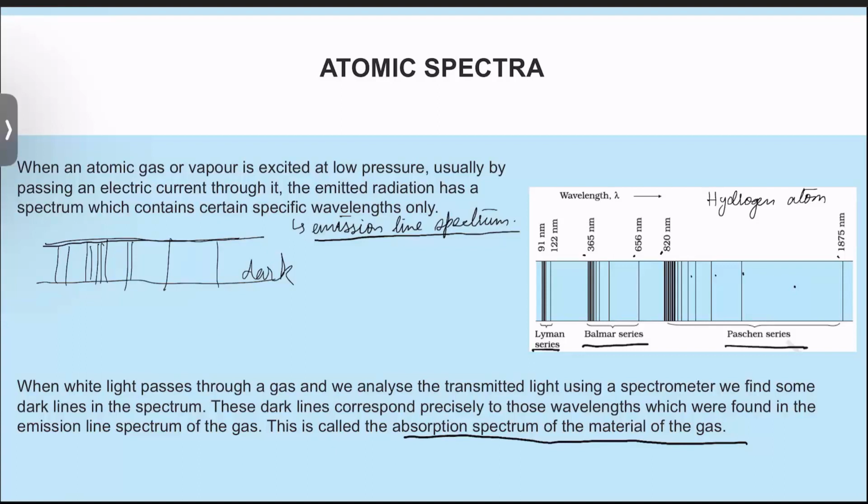So this is how the emission line spectrum looks. As you can see over here, this is the emission line spectrum for a hydrogen atom. So this is what an atomic spectra is.